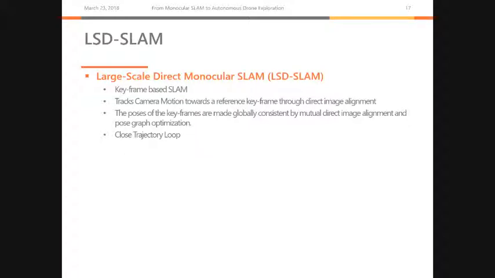And they have a closed-loop trajectory. The problem is, when they reach this point they have position 2, and when they do the loop closure method, it becomes 2 prime. So the position suddenly changes a lot. It can destabilize the extended Kalman filter and also the controller.